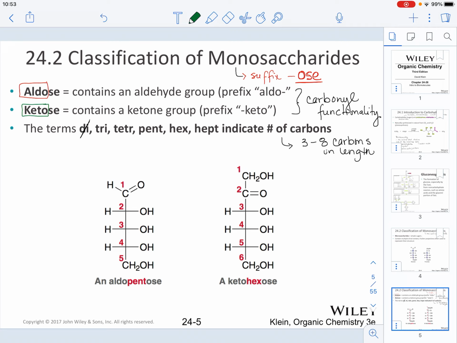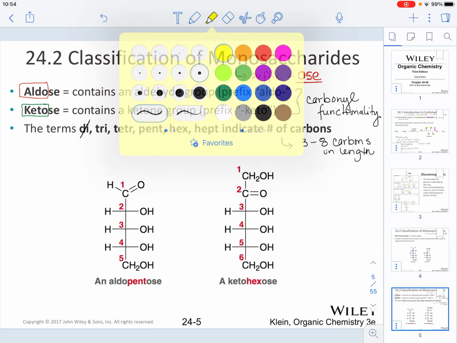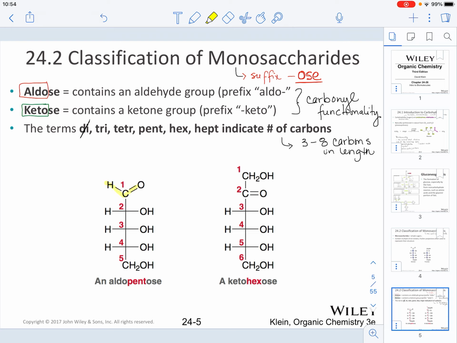So if we look at the examples that we have in the bottom, the first monosaccharide, I should say, is going to be, because of the aldehyde present in the functionality, it is called an aldo. Because of the 5 carbons, it's called pent, and then the ending is going to be OSE because we're talking about a monosaccharide.